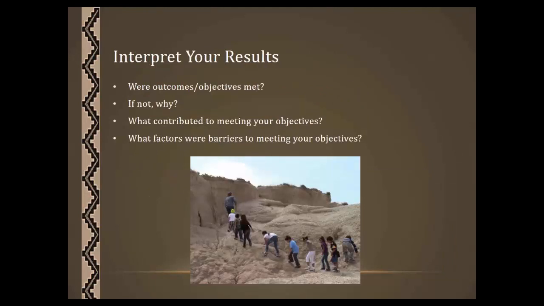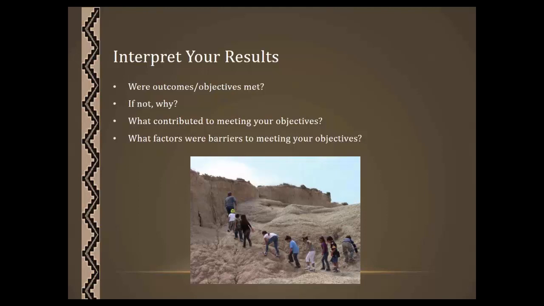Once you've gathered information from your project, you're going to analyze and interpret your results. You should look at your project implementation activities and compare what was planned to what actually occurred. For example, let's say you indicated that you were going to have 8 training sessions.